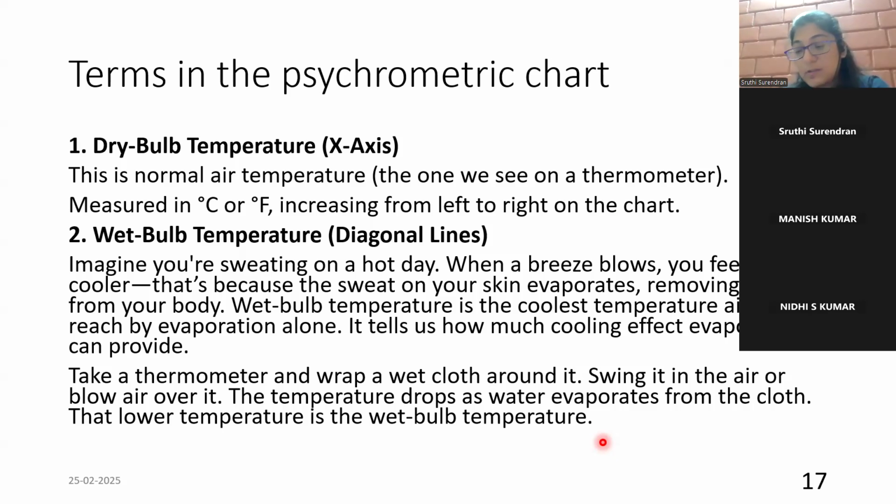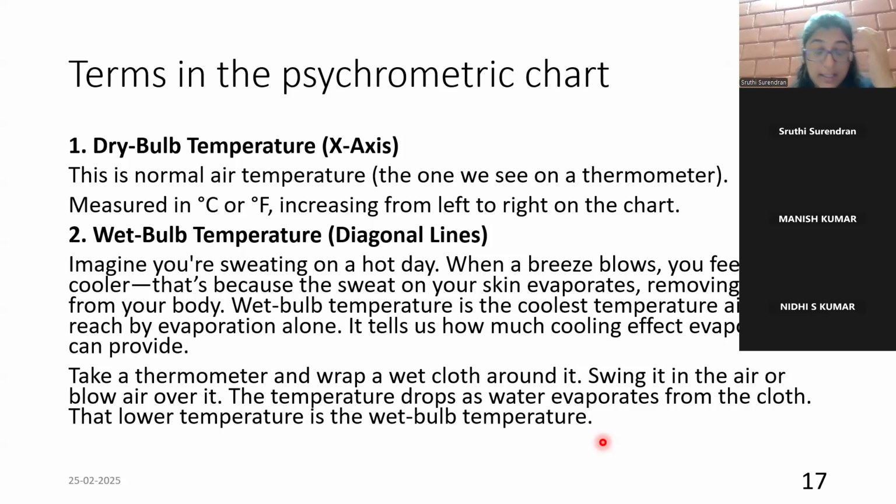So the temperature which is a bit high, when the evaporation of water because of this blow of wind removes the heat, reduces a bit. This lowest temperature, the cooling temperature it reaches, is called the wet bulb temperature. So whatever temperature reduction is happening as a result of the evaporation is called the wet bulb temperature.